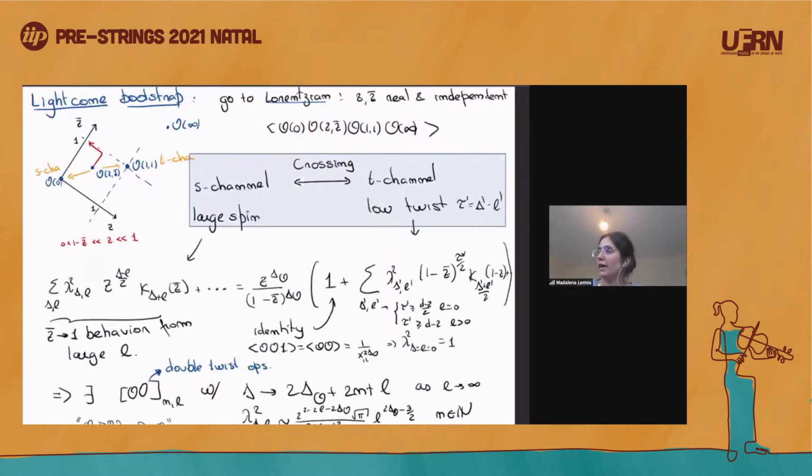I'm taking a particular limit that projects this channel onto the lowest twist operator, so that the dominant contribution in the T channel is the lowest twist, the identity operator. And then we should see this identity operator reproduced in the S channel. How the T channel identity operator becomes reproduced in the S channel is what tells me about large spin.